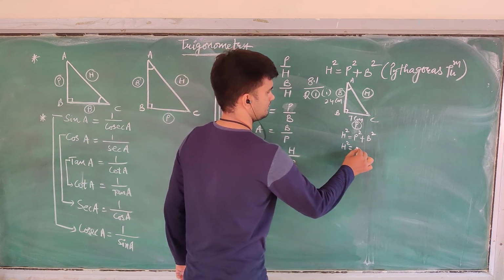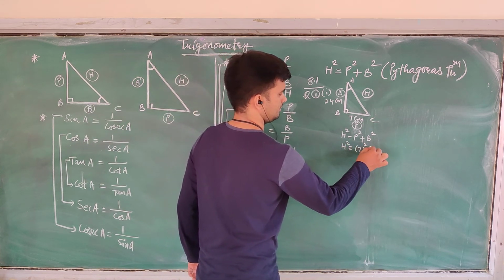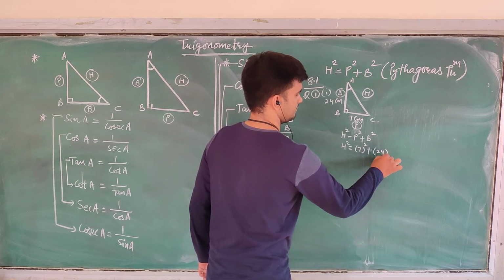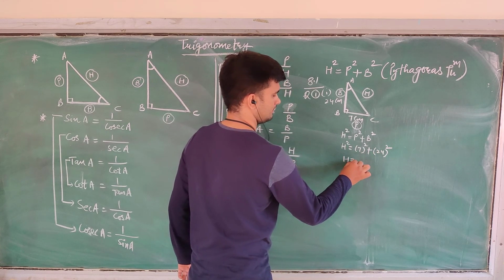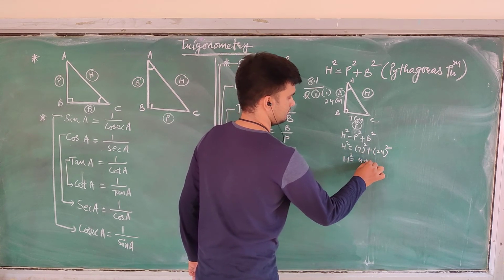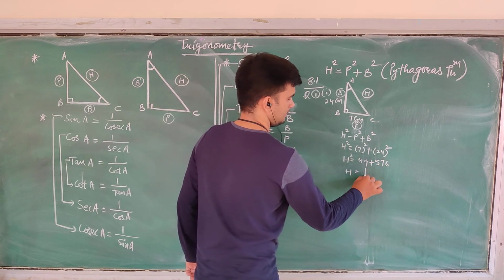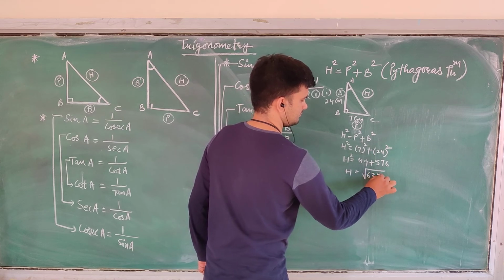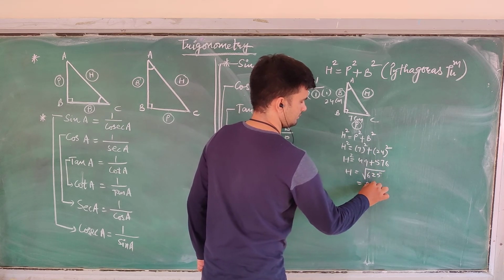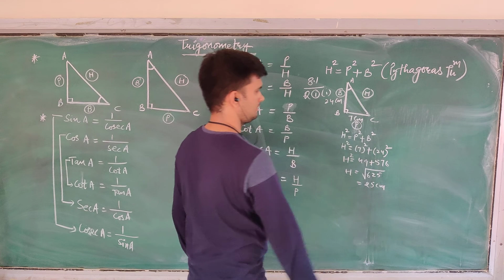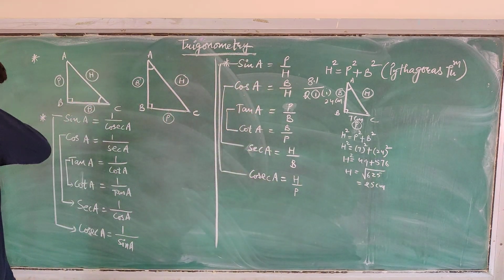So h square is equal to 7 square plus 24 square. H square is equal to 49 plus 576. H is equal to root 625. So h is here 25 centimeter.